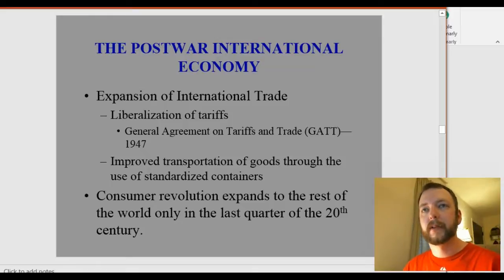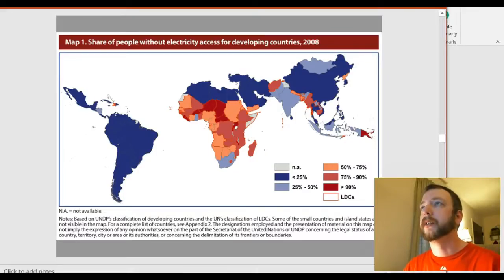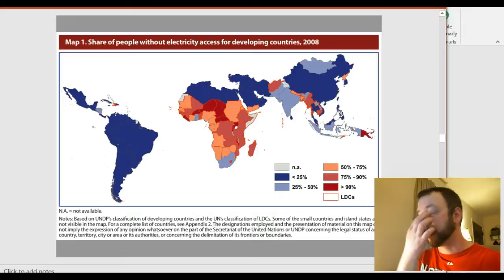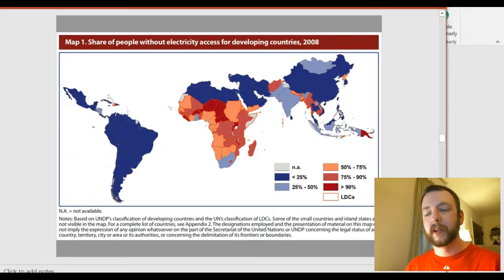And this next map that I want to show you has to do with this. It's a lot easier to participate in the international economy if you have electricity. And on this map, the blue areas indicate places with electricity by 2008, and the darker red or orange areas indicate places where electricity still isn't fully developed.